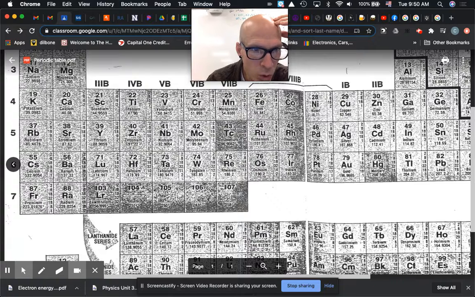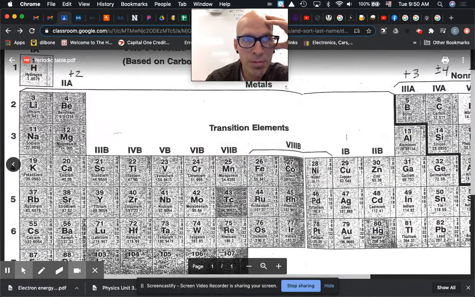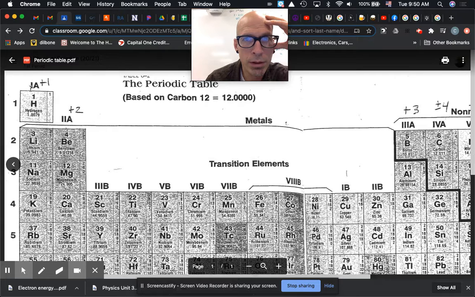Do you see there's a 1 down there? So 2, 8, 18, 18, 8, and a 1. The 1 is the valence number. It's also in group number 1. So two places you can find that cesium has a valence number of 1.